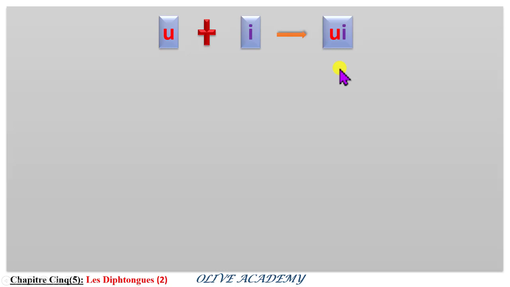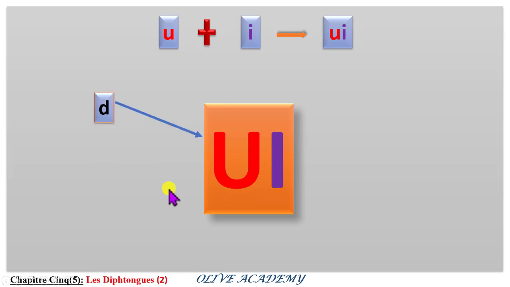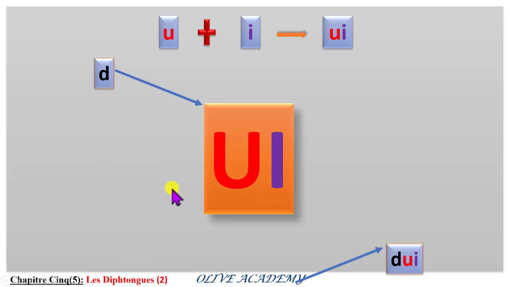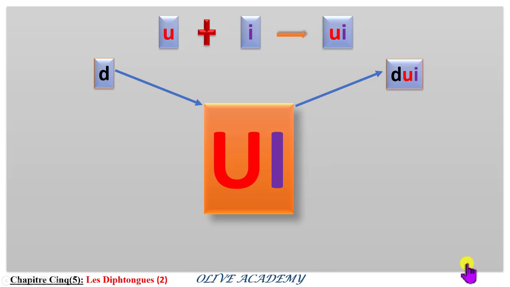Continue. Now we are going to add some consonants to UI to form a syllable. D, UI, Jui. A gentle reminder.